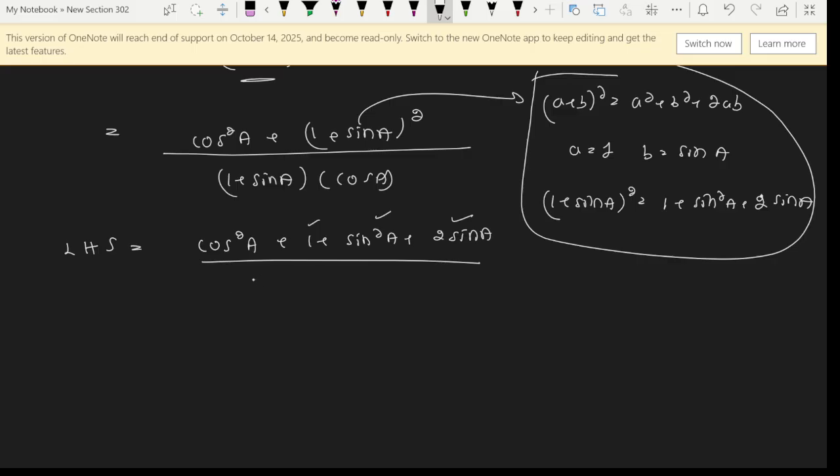So the denominator is 1 plus sin A into cos A. Let me keep the denominator as it is.